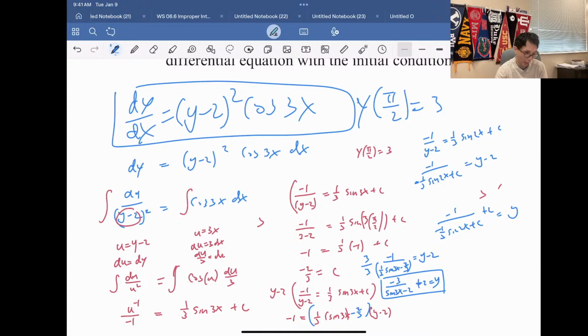So now I can plug in. So I can plug in this way too. So that's going to be 3 equal to -1 over -1/3 sine of 3 pi over 2, which is -1, plus c, which we don't know what it is. So it'll be -1 over -1/3. Wait, is that -1/3?